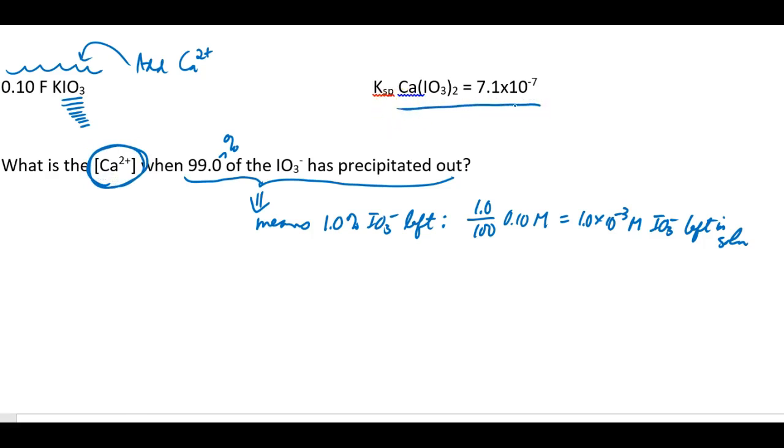So as always, I'm going to write my reaction. Calcium iodate dissociates into calcium and 2 iodates. And at equilibrium, when 99% of the iodate has precipitated out and there's only 1% left in solution, we've got a lot of solid that formed.